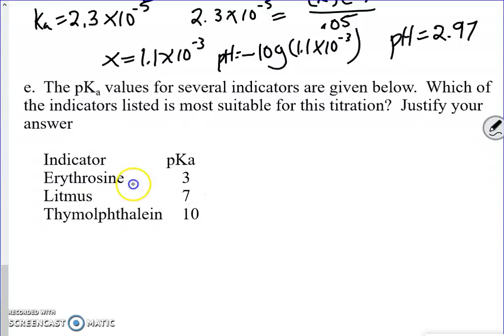So in other words, if we look at the aerotyrosine, as I'm thinking we pronounce that, notice it has a pKa of 3, meaning it changes colors at a pH of 3. This one changes at a pH of 7, and this one at a pH of 10. Well, our pH at the equivalence point is about 3. We want the one that changes at 3.